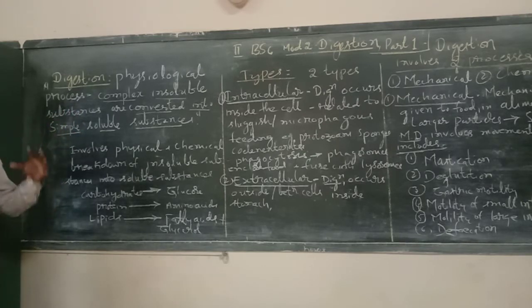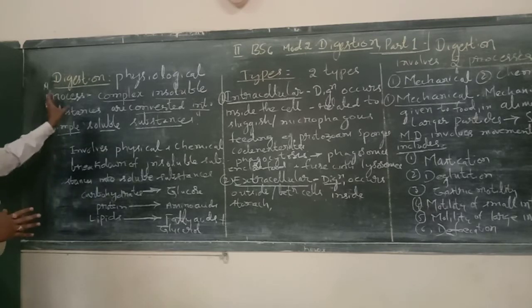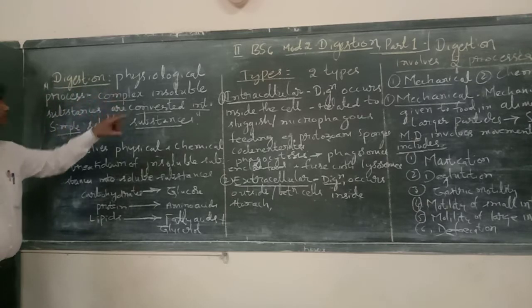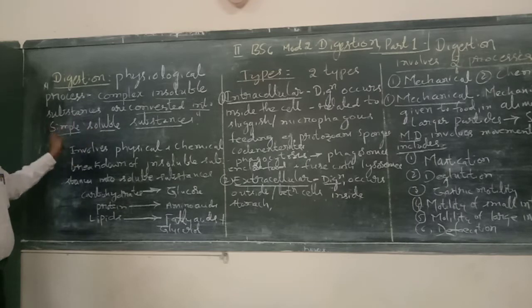Complex insoluble substances means when food is taken into the mouth, it is in complex form, and when it is ingested and swallowed, it has to be converted into a simpler form. Only then can it be absorbed. So digestion is a physiological process in which complex insoluble substances are converted into simple soluble substances.